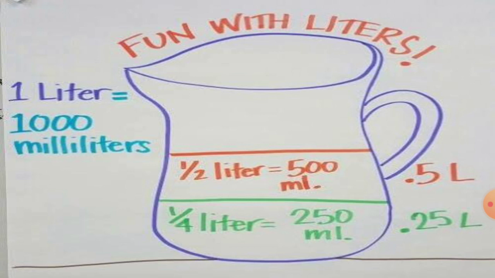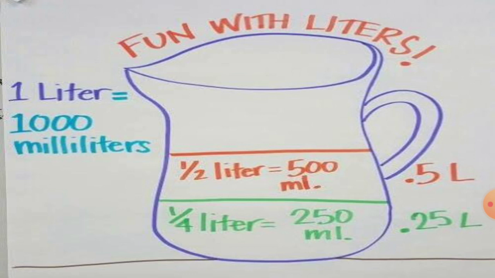It's simply dividing 1,000 into 4 places. 250 plus 250 will give you 500. Another 250 plus 250 will give you 500. And altogether, 500 plus 500 will give you 1,000.